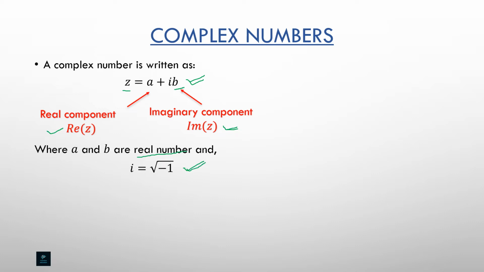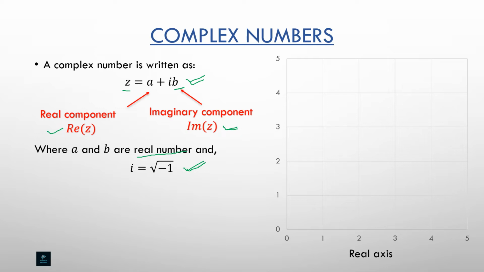A complex number is represented in a 2D plane, the horizontal axis of which is the real axis, and the vertical axis is the imaginary axis. For example, if you want to locate the complex number 1 plus 4i in the complex plane, we do it like this.